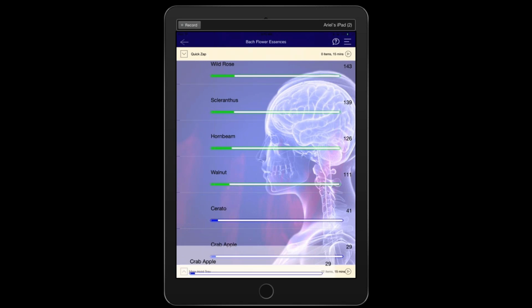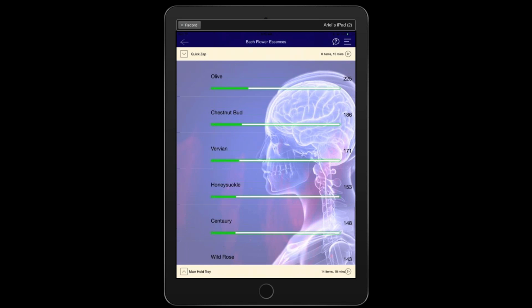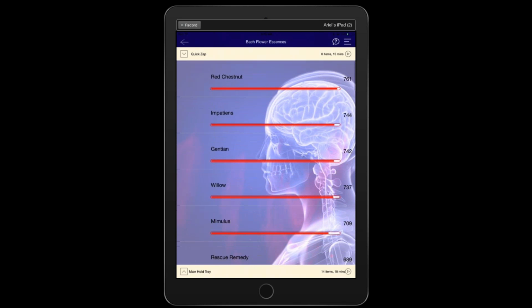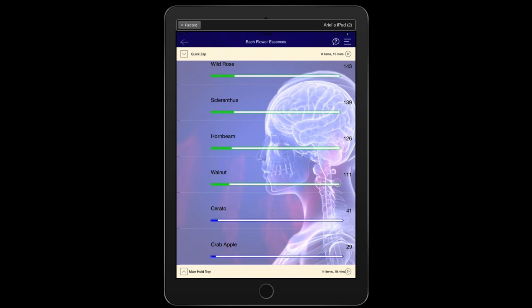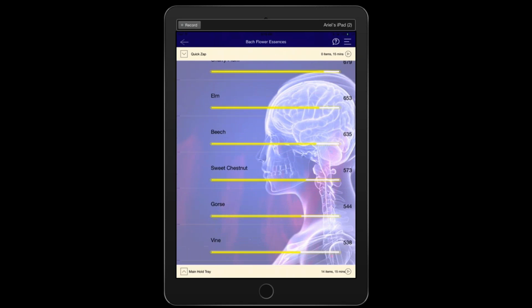All right, and then you can include these. Even if you don't know what these particular flower essences are, still include them. They're very powerful. Then you could choose the top number, or red chestnut, or the bottom number, which would be crabapple. Nothing is an accident, nothing is a coincidence. It's very likely that this very low number or this very high number, that these are two very specific issues for that person.